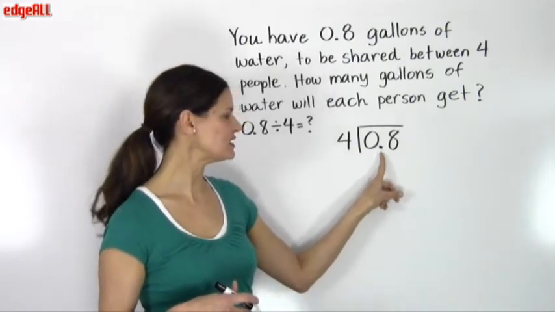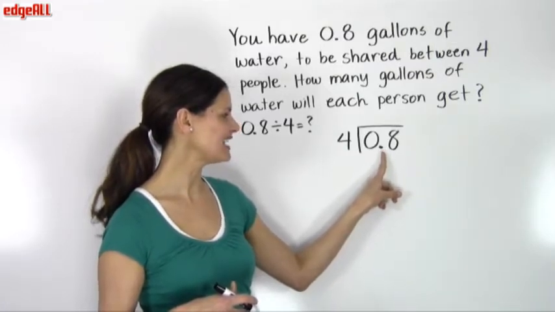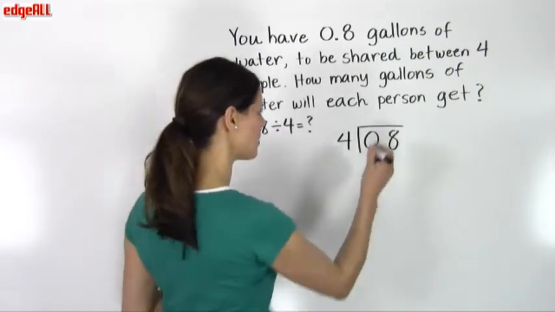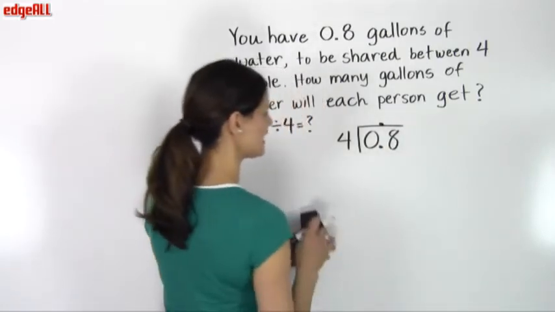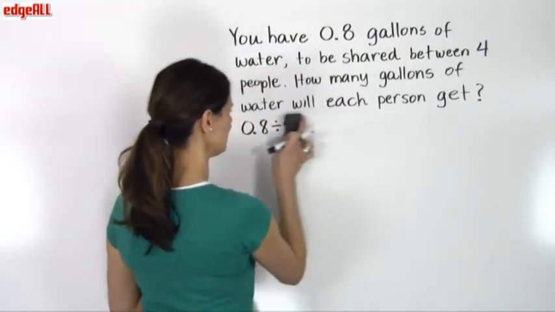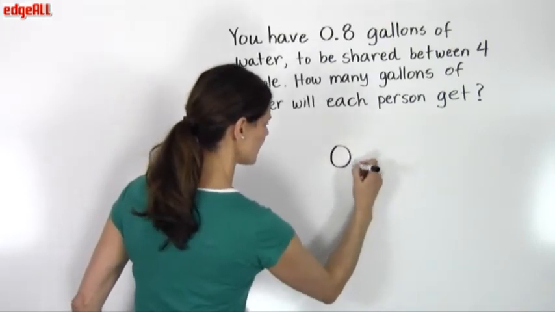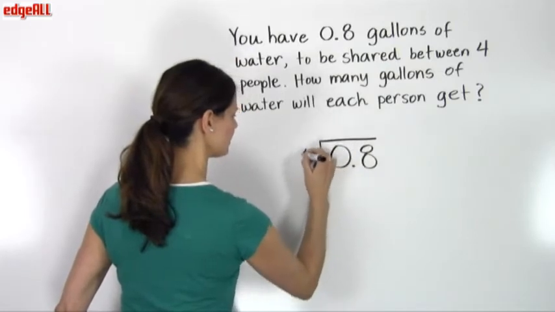So what we do with a situation like this is right away we take this decimal point, and right where it is in the dividend, we go above to the quotient, and we put also a decimal point right there. I'm going to write this a little bit bigger so you can see really clearly where my decimal points are going.